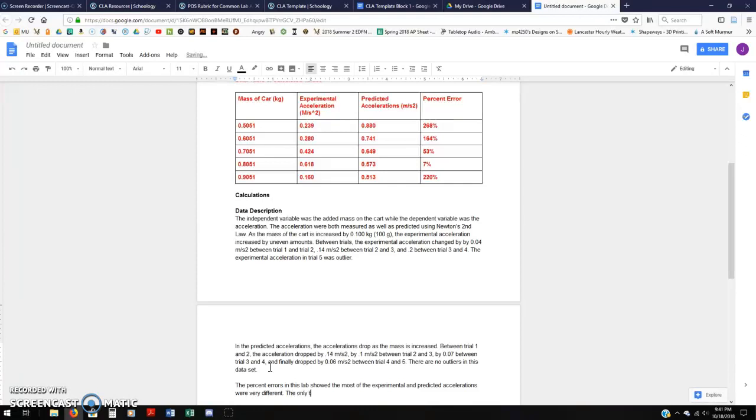The only trial which showed a close percent error was trial 4, since it was below 10%.